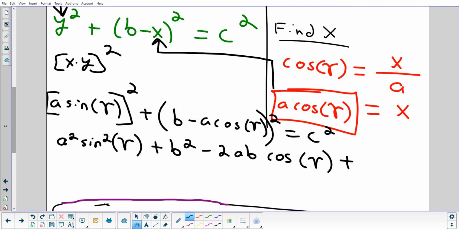And it's a cosine gamma times a cosine gamma. So what would that be? A cosine gamma squared. Almost. Oh, a cosine squared. Yeah, just like the first one. A squared cosine squared gamma. Okay, and that equals c squared.